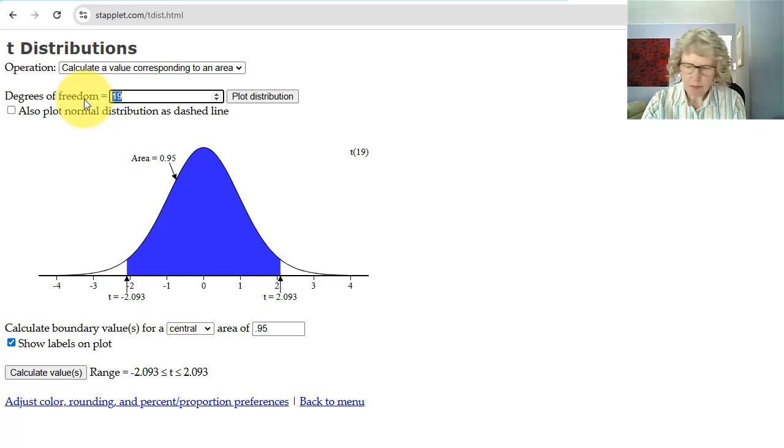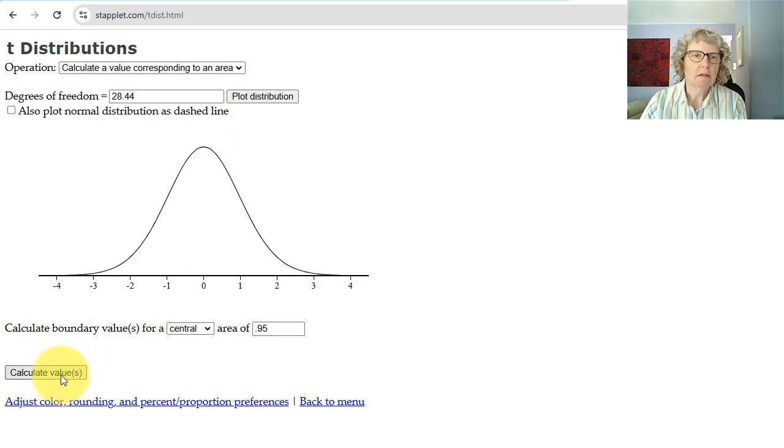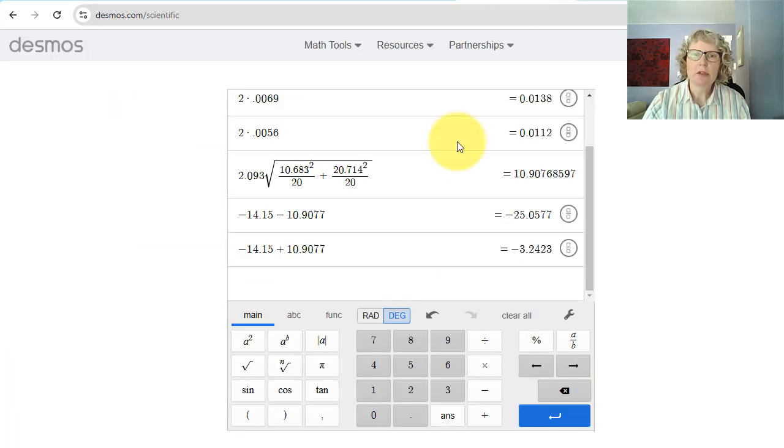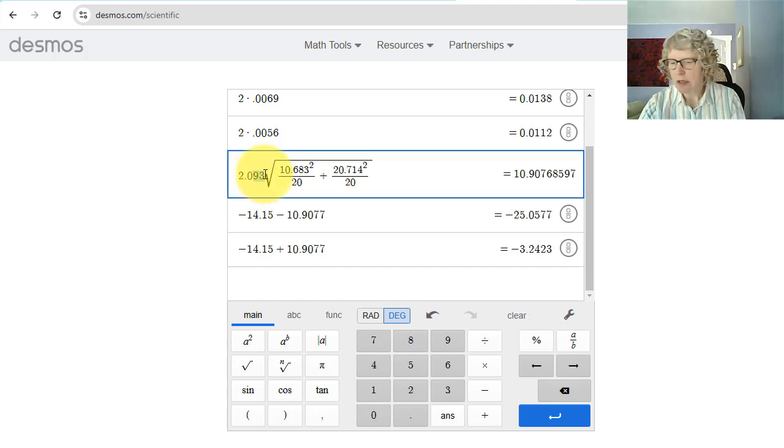So back to 28.44. Okay, this is a little bigger, 2.047. Okay, so 2.09. Oh, actually, yeah, bigger degrees of freedom gives you a smaller T star. 2.047. Now I'm going to just change this number in here.